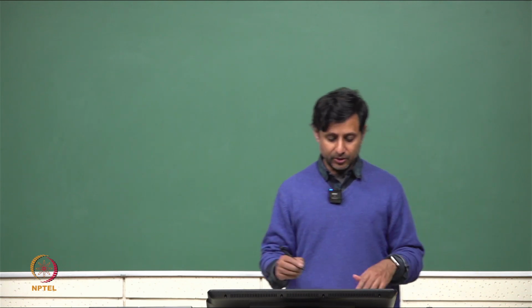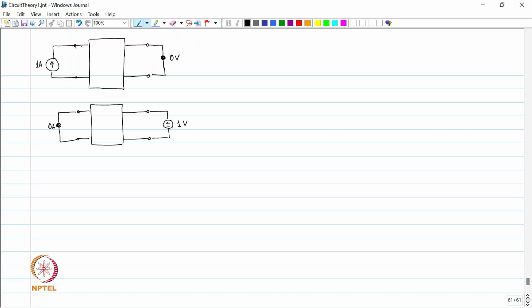Okay. So, experiment 1, let us list out all the voltages and currents. Let us call this experiment A, and experiment B, right.